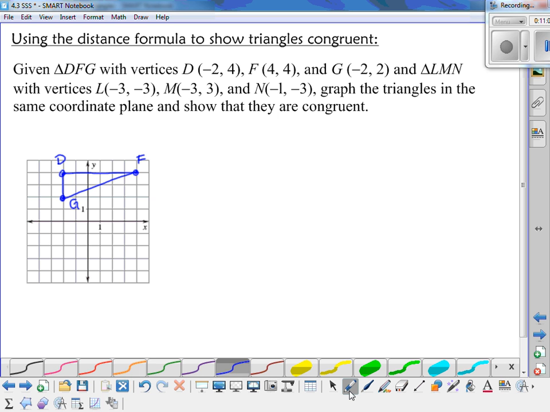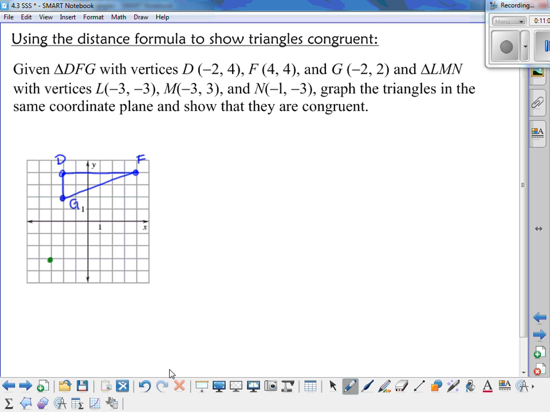And then my other triangle, LMN, L is at (-3, -3), M is at (-3, 3), and N is at (-1, -3). Okay, so that's L, M, N.